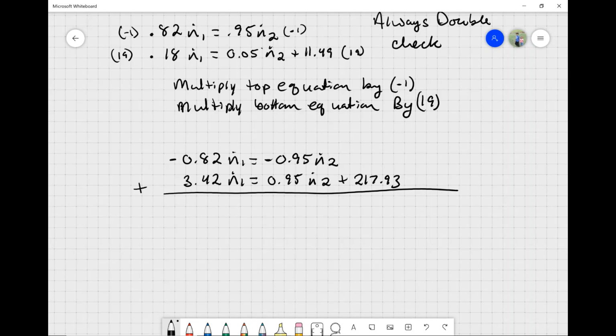I get 2.6 N1 equals, and this is going to go away, 217.93. So N1, what I got, 83.1.